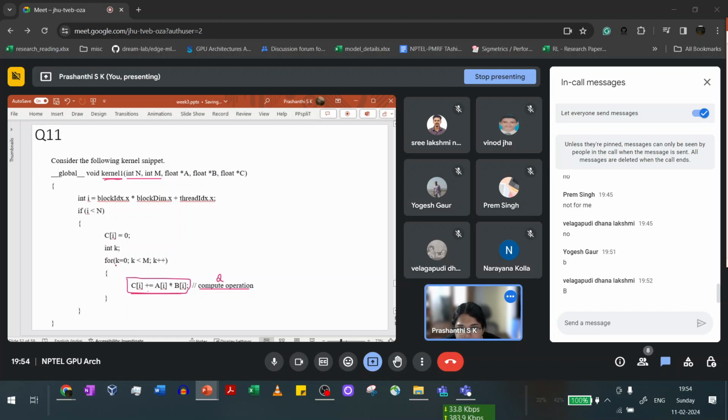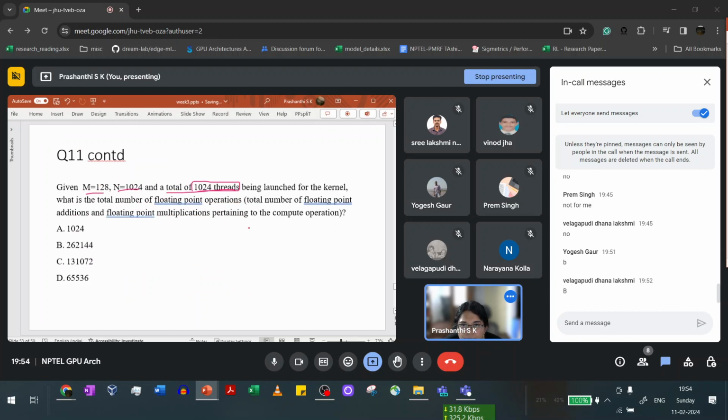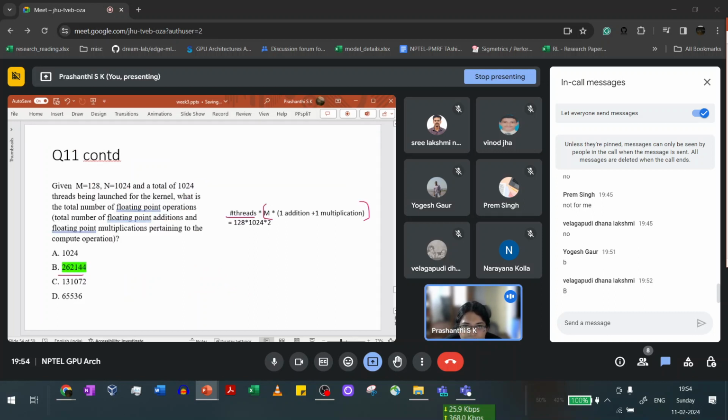But notice that you are looping around this operation m times, right? So each thread is going to do 2m operations. So that is your compute per thread, and you're given the value for m. M is given as 128. So all you need to do is 128 times 2 times the number of threads, which is 1024, and that will give you option B.